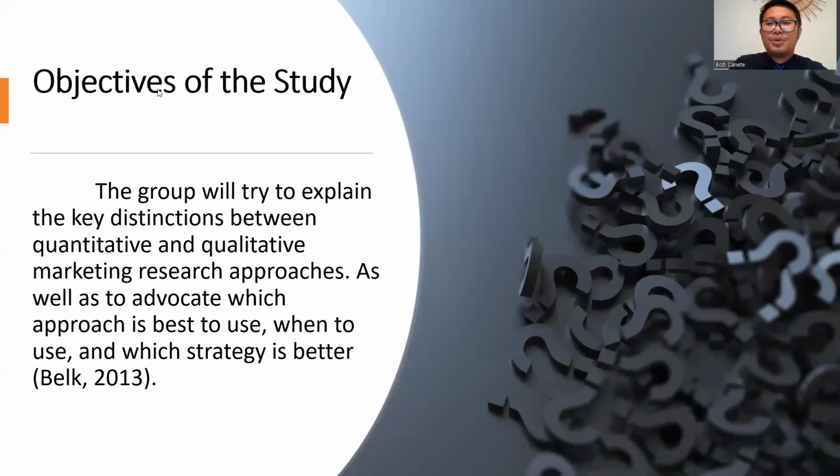Let's go ahead to learn the objectives of this study. The group will try to explain the key distinctions between quantitative and qualitative marketing research approaches, as well as to advocate which approach is best to use, when to use, and which strategy is better, according to Belk, 2013.